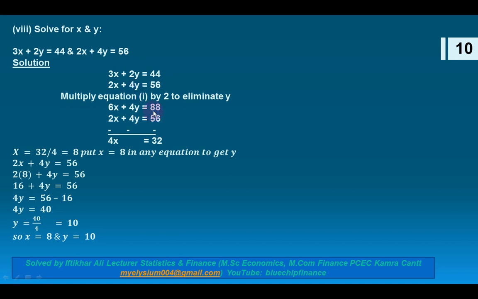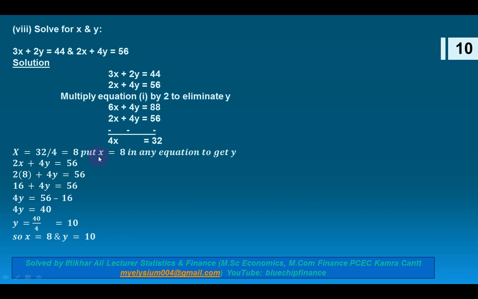When we multiply the first equation by 2, it will become 6x plus 4y equals 88, and after changing the sign of the whole equation, we eliminate this 4y and the remaining will be 6x minus 2x equals 4x. 88 minus 56 is equal to 32, and this 4, when it goes to the other side, will become 32 by 4. So x will be 32 by 4, which becomes 8.